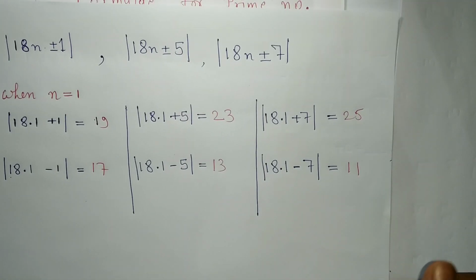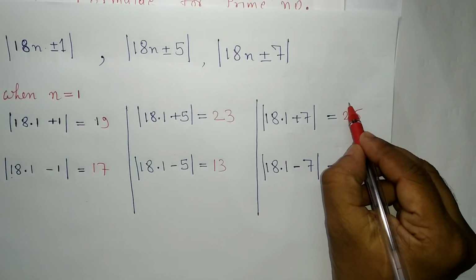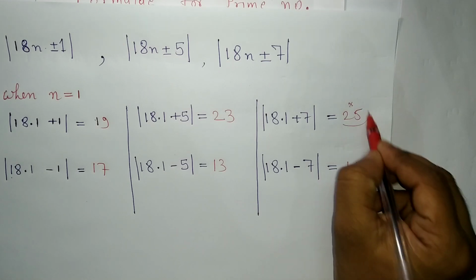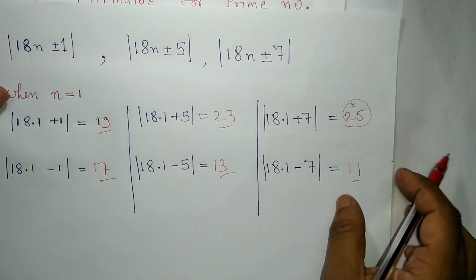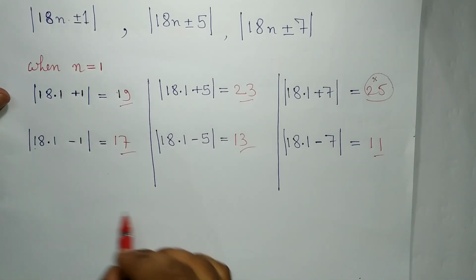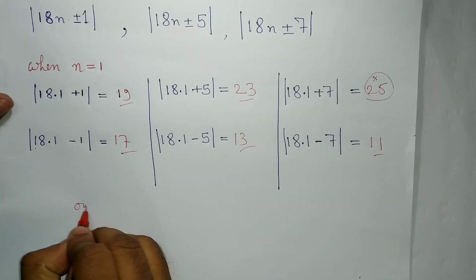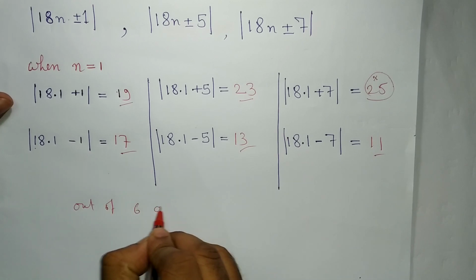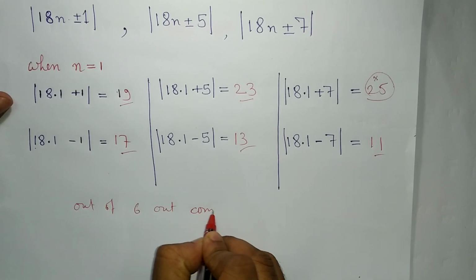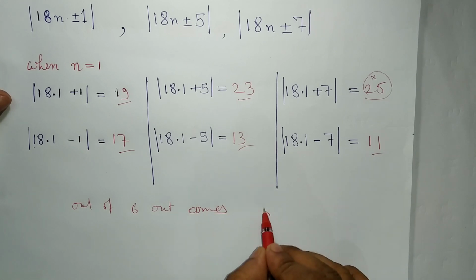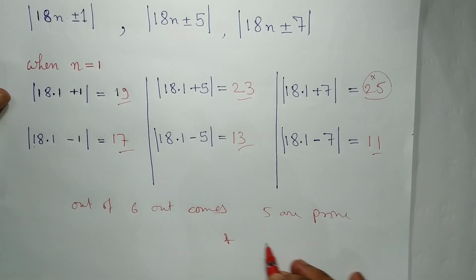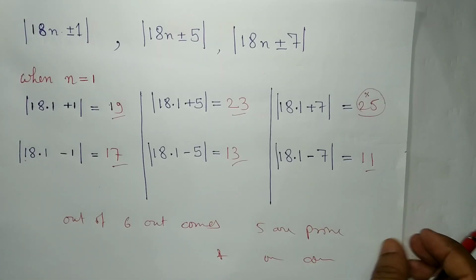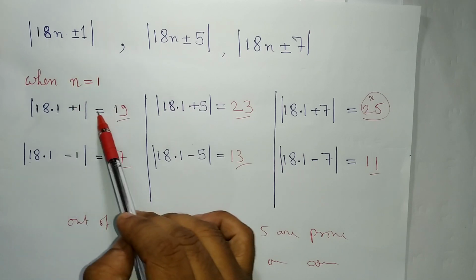It is seen that only one number, which is 25, is not prime, but the other 5 outcomes are prime. Hence, out of 6 outcomes, 5 are prime and 1 is composite. Clear? This is for n equal to 1.